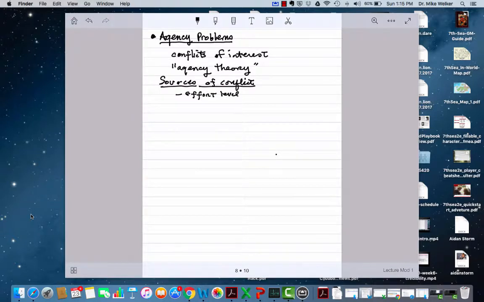And what kind of risk aversion levels do the managers have? Oftentimes, managers are quite risk averse, and that goes against most shareholder interests. They might have different time horizons. Managers might be very short term, where the shareholders want to be long term. And there's a tendency among managers to over retain funds, when really, the owners would prefer to have the cash.